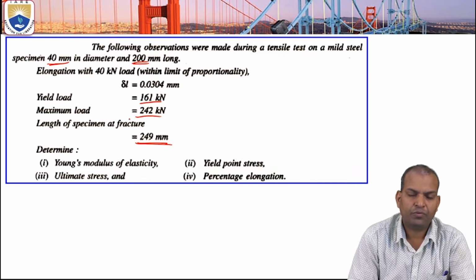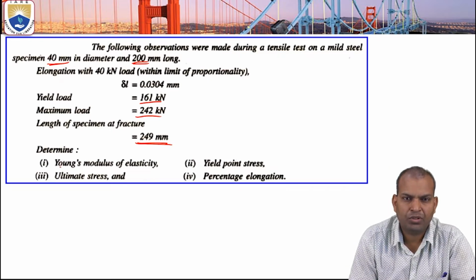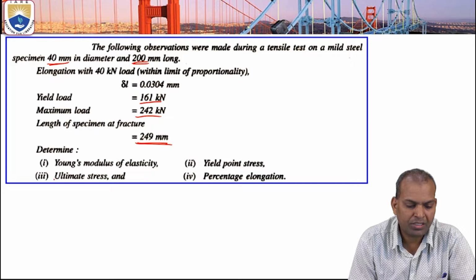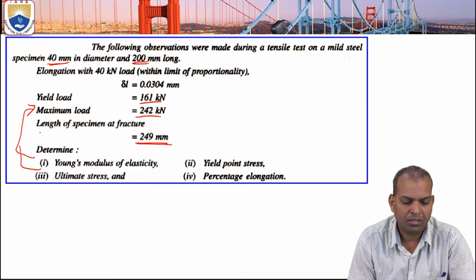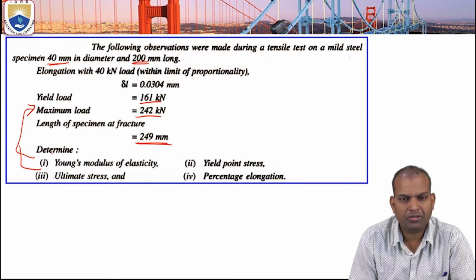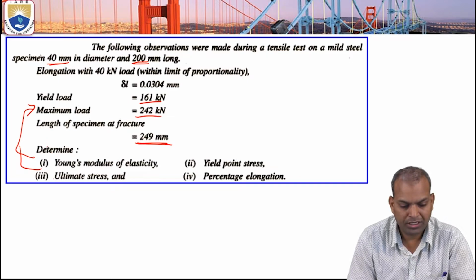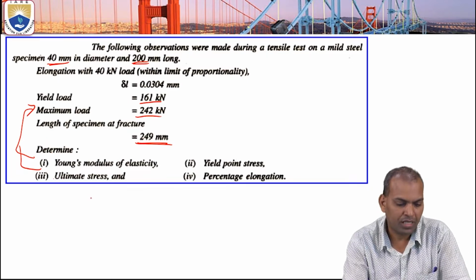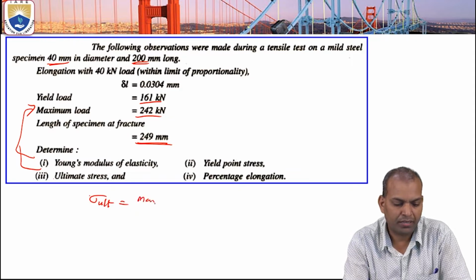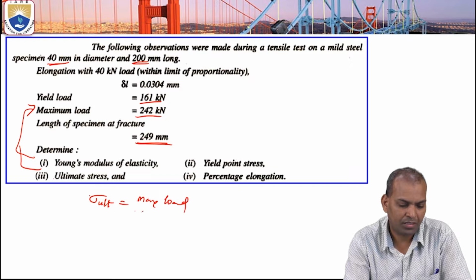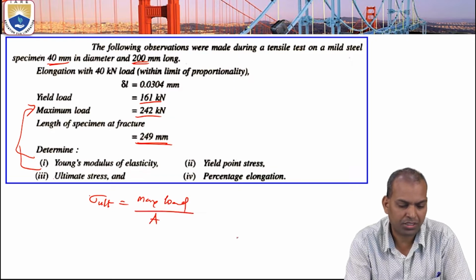Now here there are four objectives: modulus of elasticity, yield point stress, ultimate tensile stress, and percentage of elongation. The ultimate stress comes when it is a maximum load condition. Ultimate stress equals maximum load upon area of cross section.